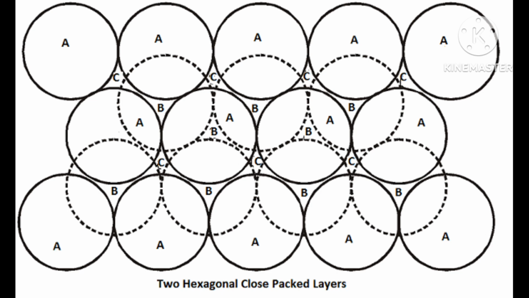You can understand it just like a tetrahedron structure you have seen: 3 are there and the 4th one is upside. Join the 3 points to make a triangle, and upside, suppose one particle is in the center.